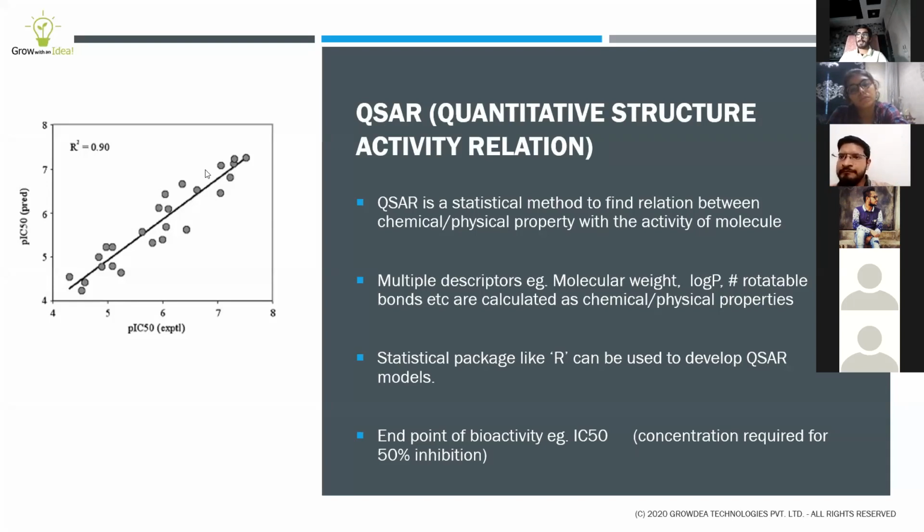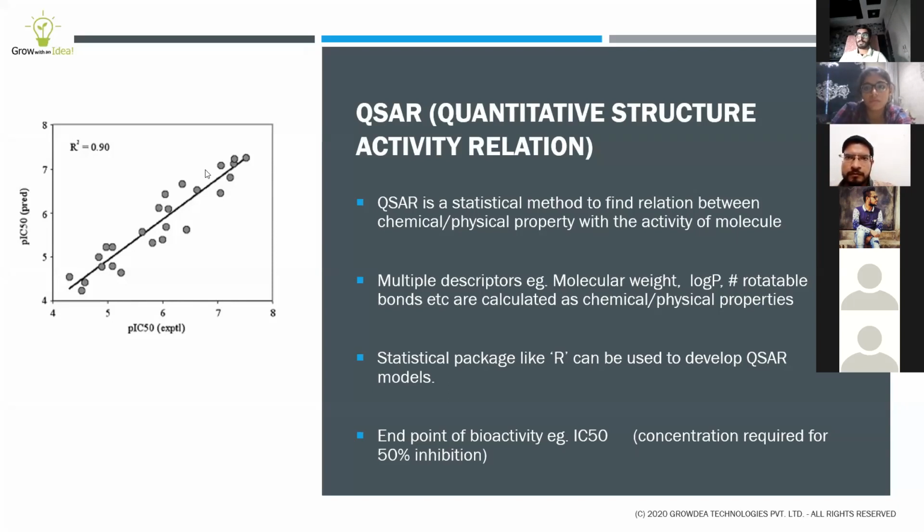There are certain metrics or evaluation methods by which we can find out how good my model is. One of the simplest techniques is that you just put IC50 experimental and IC50 predicted on the chart and see how well they are linearly correlated, which is reflected by the R square.